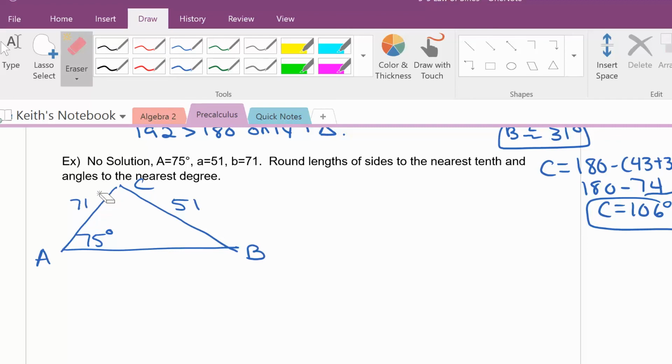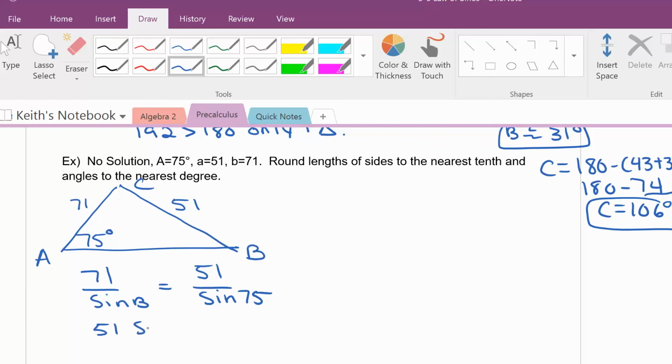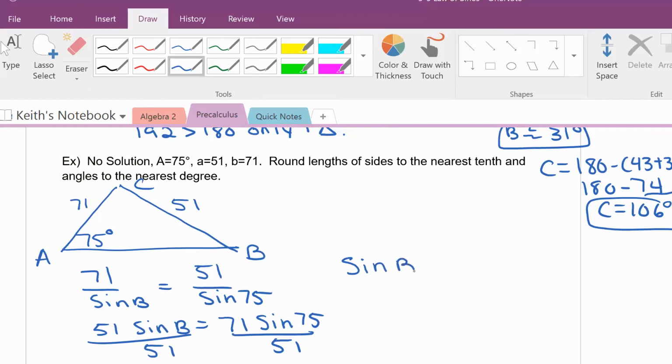Okay, so finding B. So we go 71 over sine B equals 51 over sine 75. So you get 51 times sine B equals 71 times sine 75. Divide by 51.